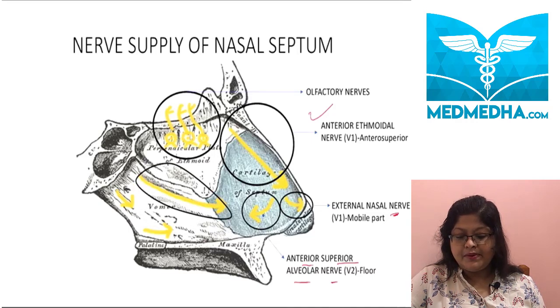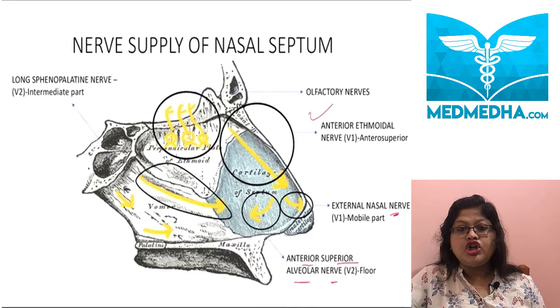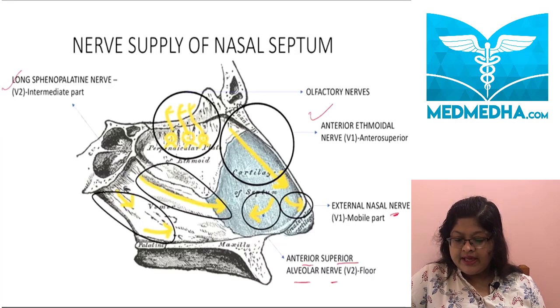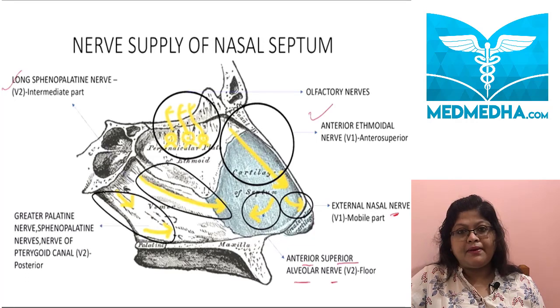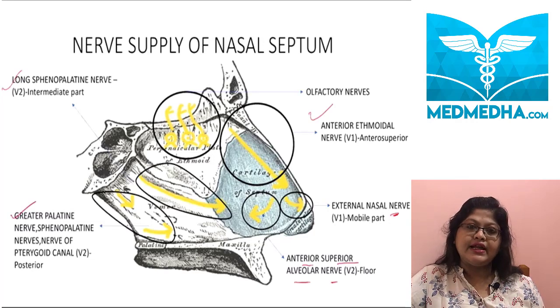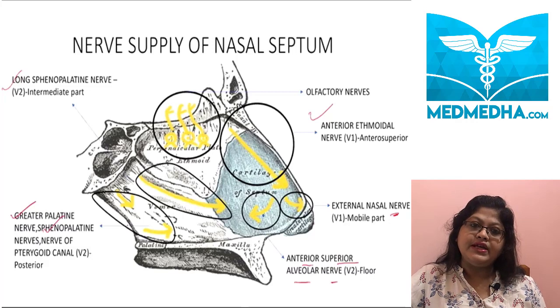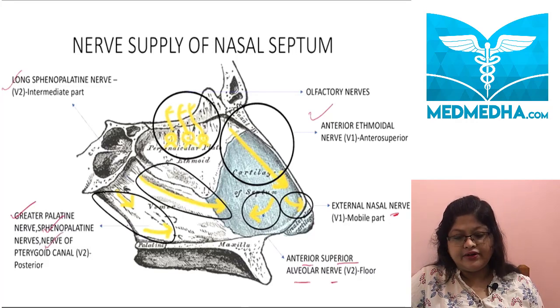The intermediate part is supplied by the long sphenopalatine nerve. And the posteroinferior part or the posterior part is supplied by the greater palatine nerve, the sphenopalatine nerve and nerve of the pterygoid canal, which are branches of the maxillary division of the trigeminal nerve.